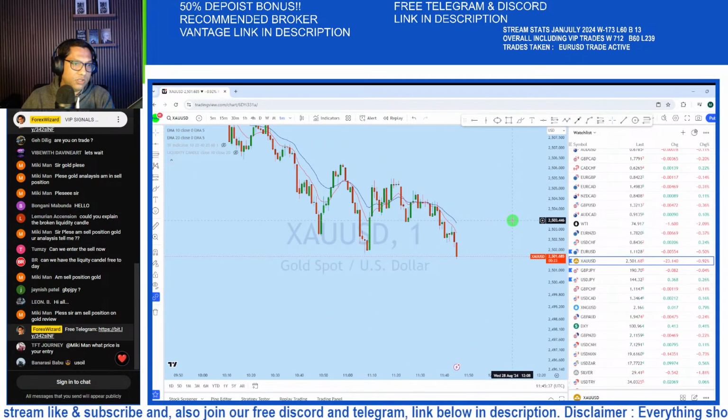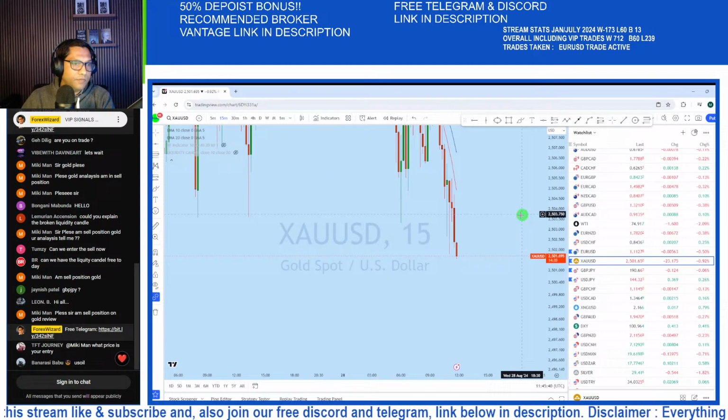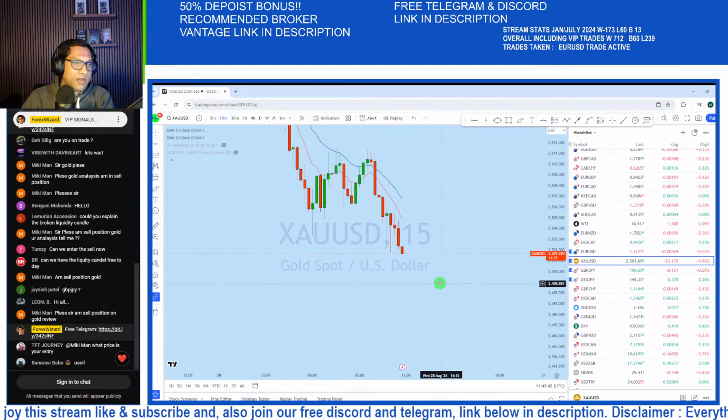While gold is just in a downtrend with a very strong momentum.